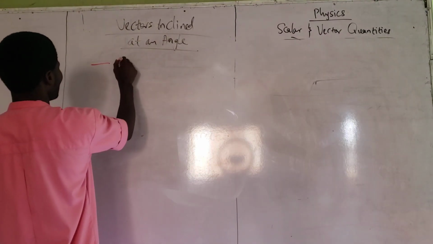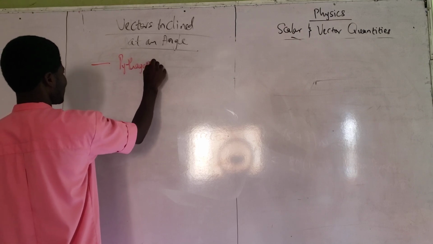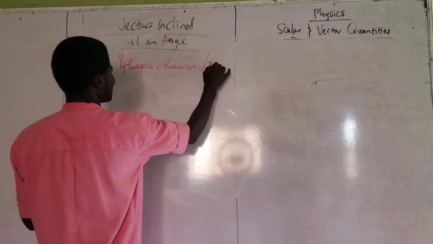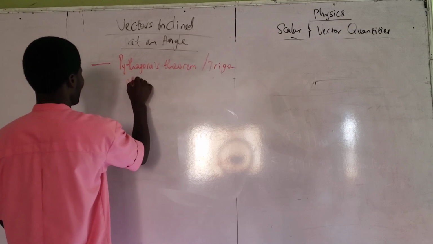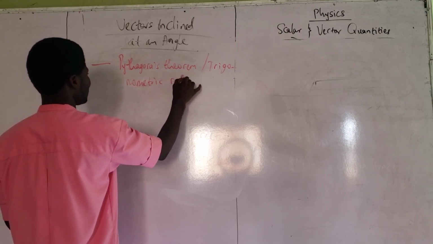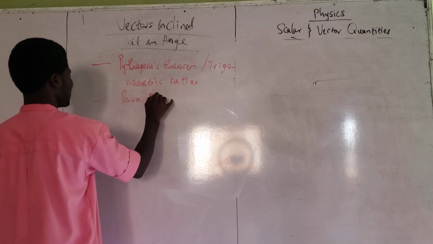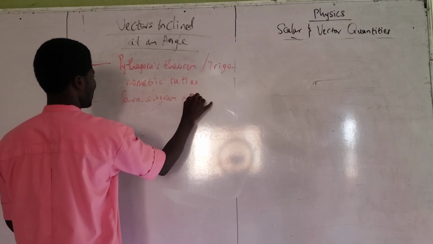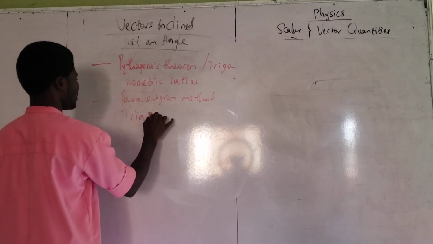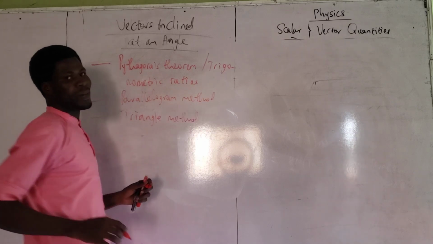So we have Pythagoras theorem / trigonometric ratio. We have the parallelogram method. We have the triangle method.